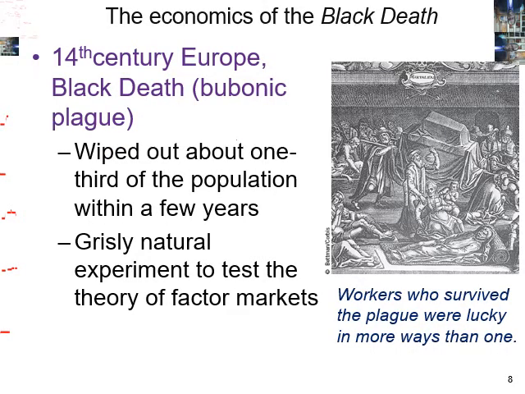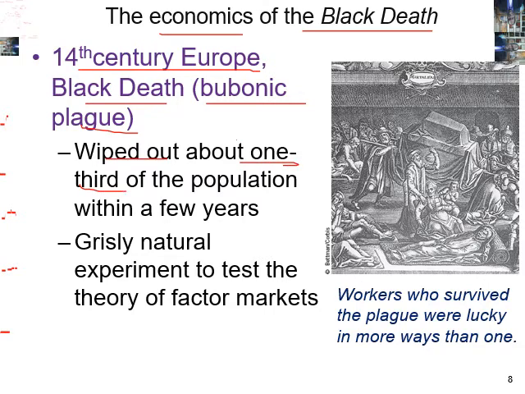One application of a factor in scarce supply is the economy of the Black Death. In the 14th century in Europe, the Black Death, the bubonic plague, wiped out one third of the population within a few years.